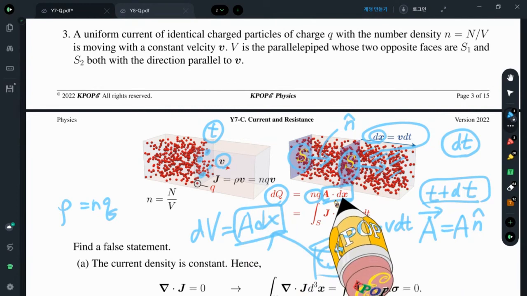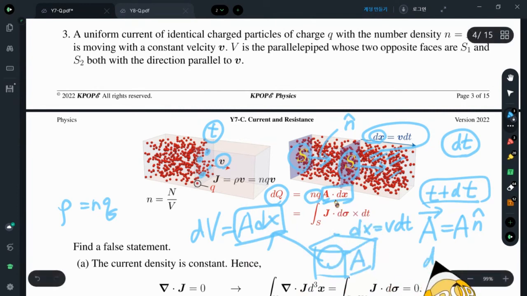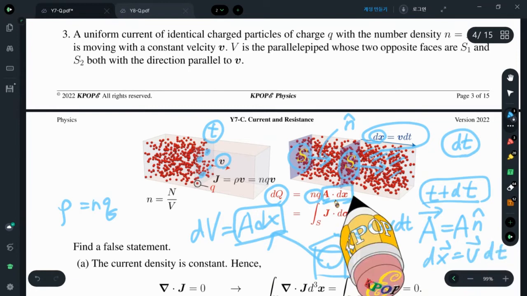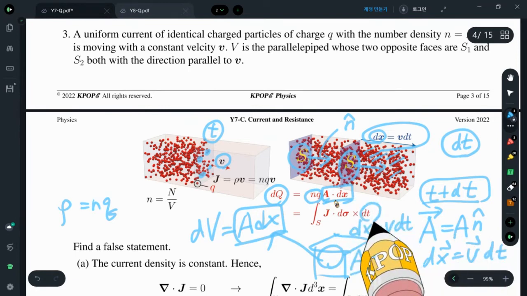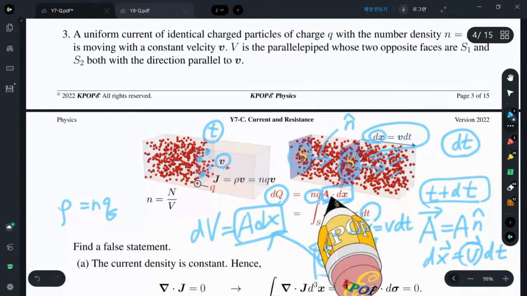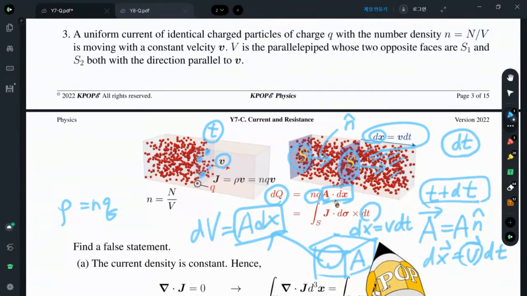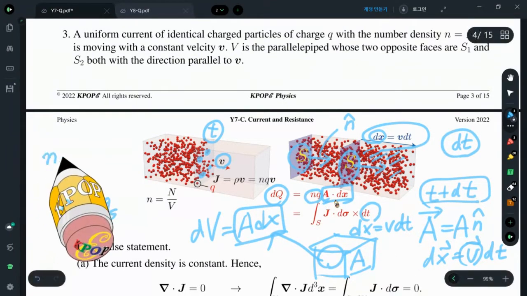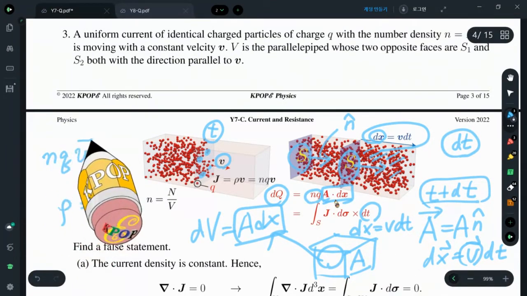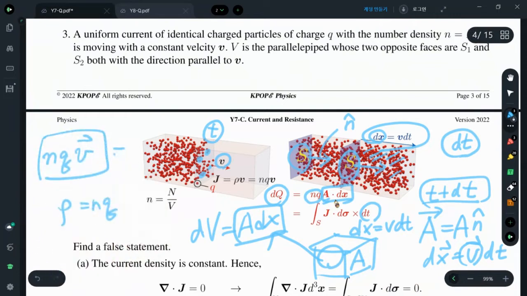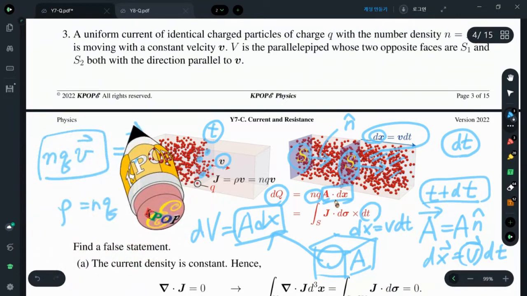Okay, let's rewrite this. dx equals v dt. And we pull out this dt in here and combine this v with this. Okay, nqv. What's that? That is a current density.